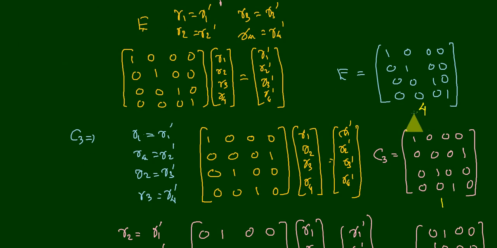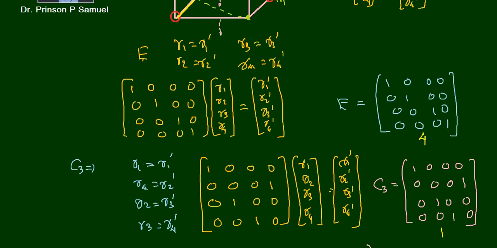Look at this E operation. In the case of the E operation, what is happening? You can look at which vectors are retaining their positions during the operation.